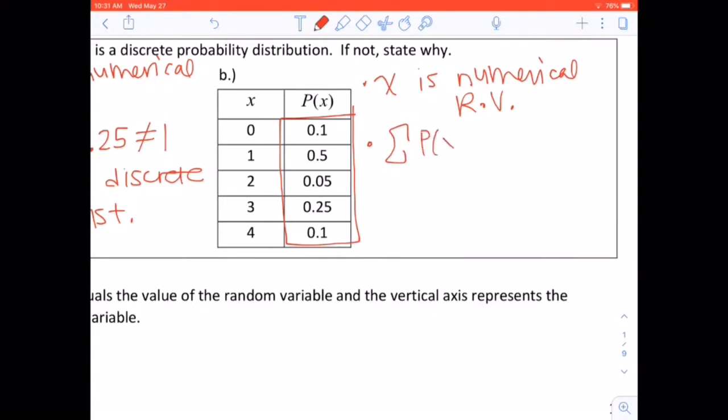Take a second to add those up, and this time it does equal 1, so that's good. The third thing is that the probabilities that I boxed are going to be between 0 and 1, and all of those probabilities are between 0 and 1. So therefore, this is a discrete probability distribution.